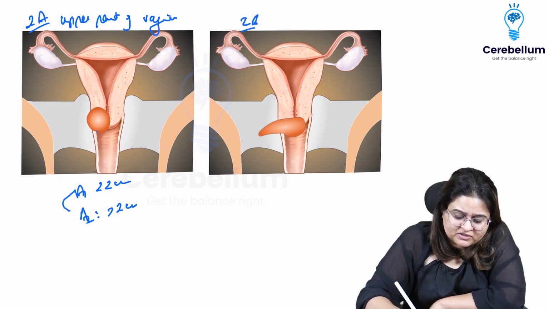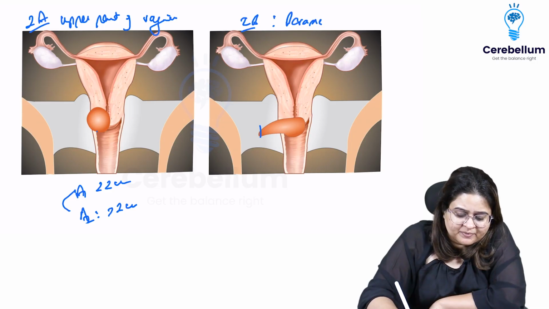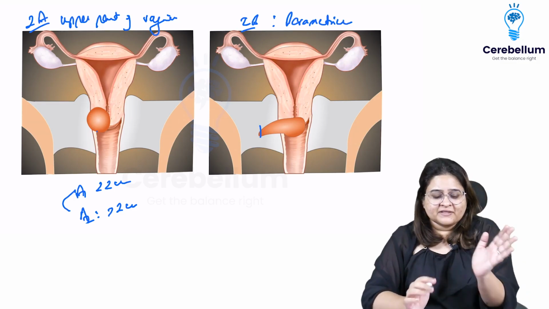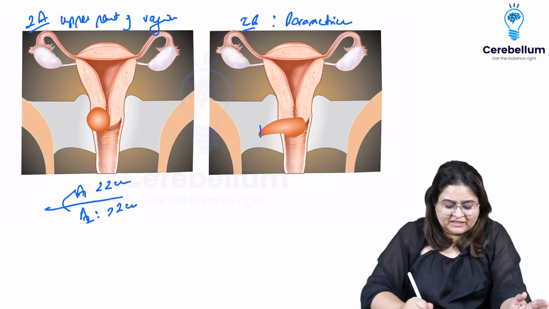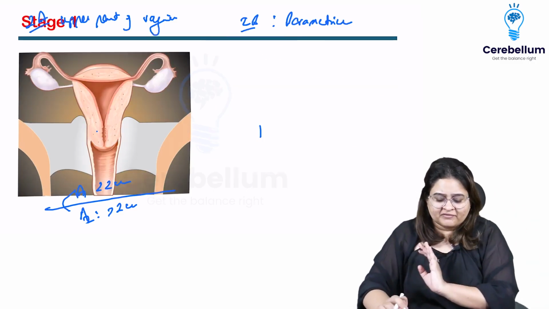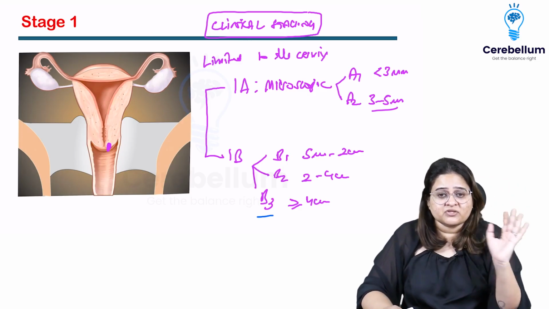What is 2B? 2B has gone inside the parametrium, but not till the lateral pelvic wall. Now remember, here I'll tell you, till 2A1 is where surgery can be done. Anything more than 2A2, in fact, even a 1B3, because it's very big in size, should not be managed surgically.